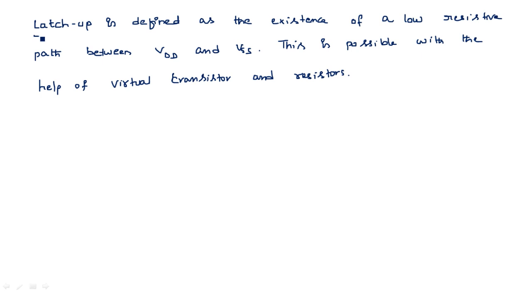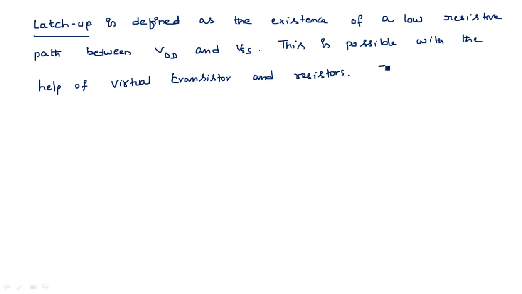Latch up is defined as the existence of a low resistance path between VDD and VSS. If there is any such resistance between VDD and VSS, then definitely there exists a static current flow.